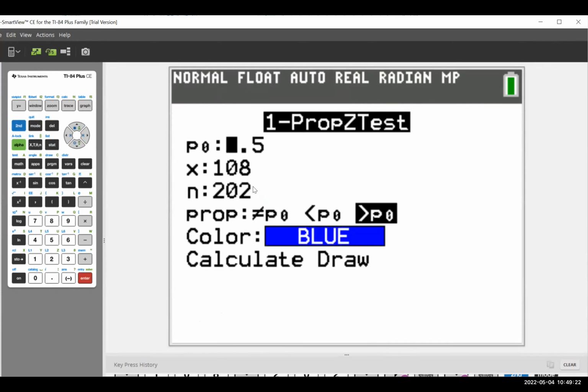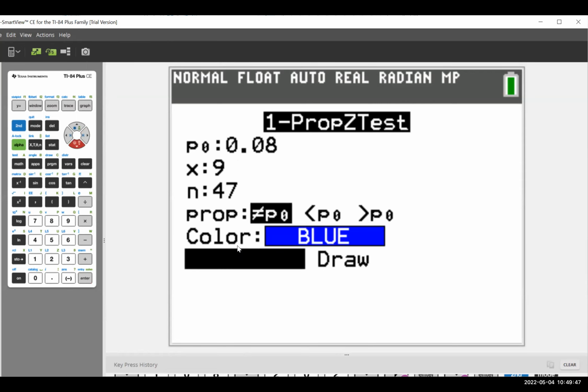This time p0 is 0.08, x is 9, and n is 47. One of the more important differences is that this is a two-tailed test.